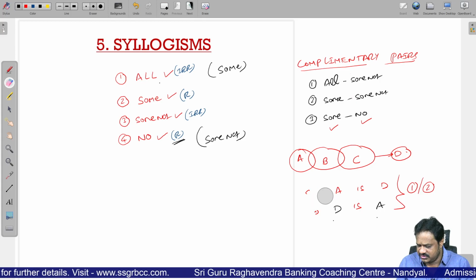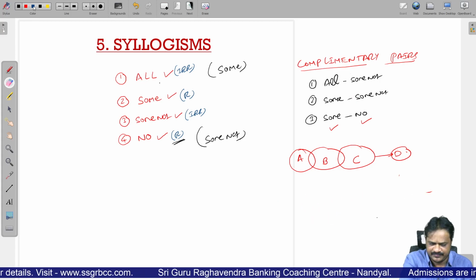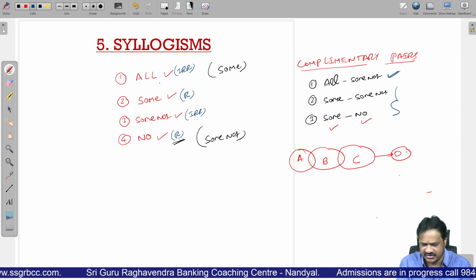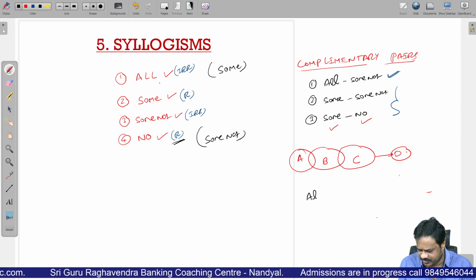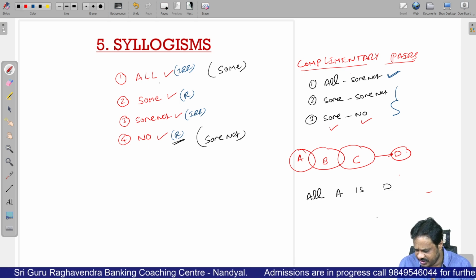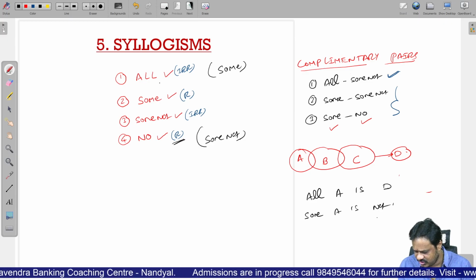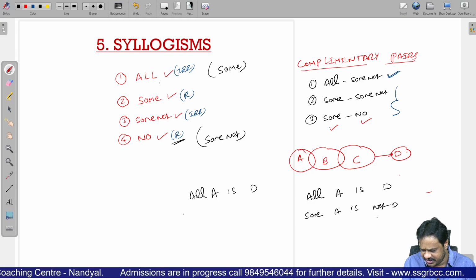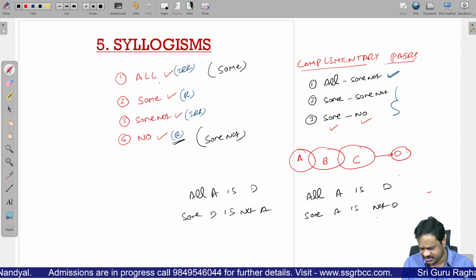Now, these two are similar. First one is different. What about the first one? Suppose all A is D, some A is not D. This is one thing. All A is D, some D is not A. This is the second thing.